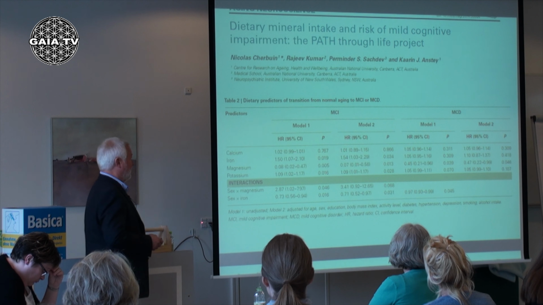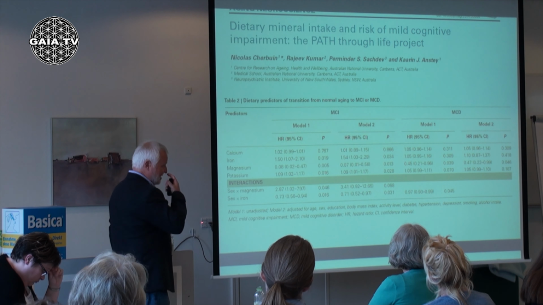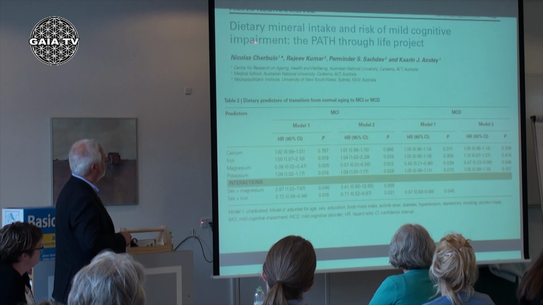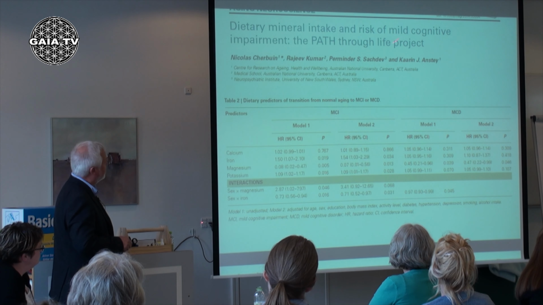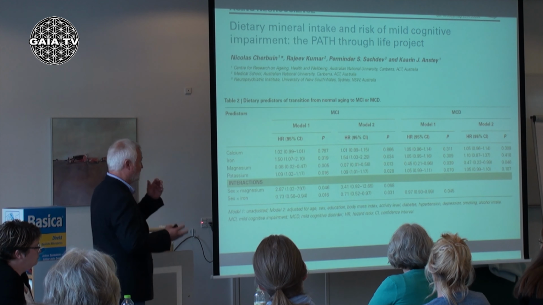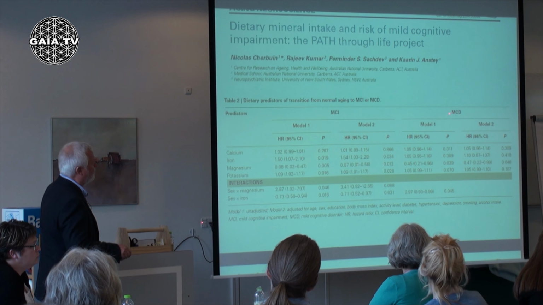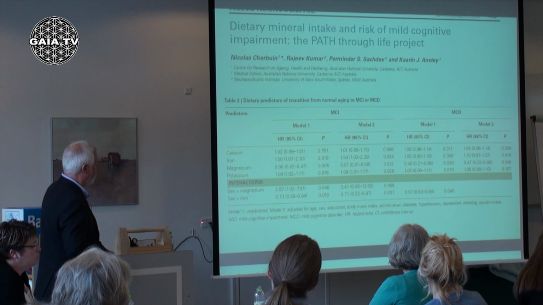And there is a very new study from Australia that is, I would say, really amazing. It's an epidemiological study, the Path Through Life project, dietary mineral intake and risk of mild cognitive impairment. And you see here the dietary predictors of transition from normal aging to cognitive deficits, to dementia. And this is a mild cognitive impairment and mild and moderate cognitive dementia.